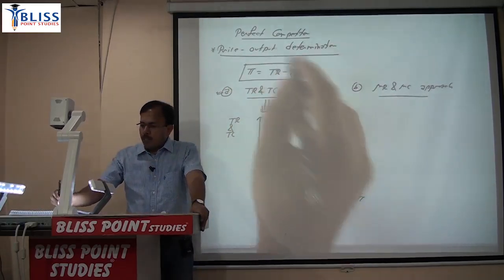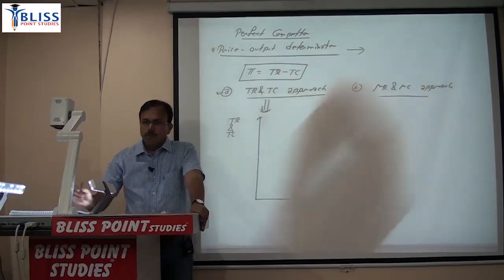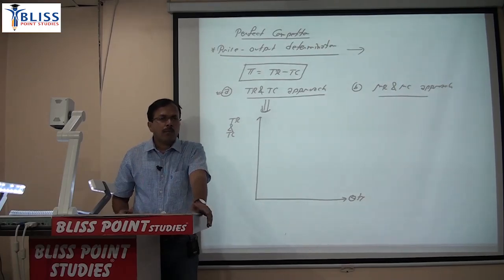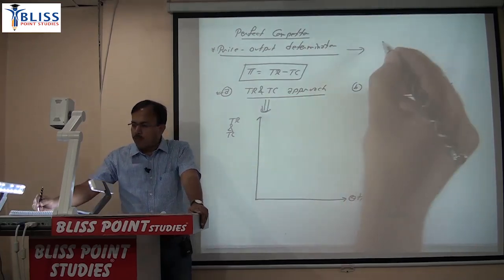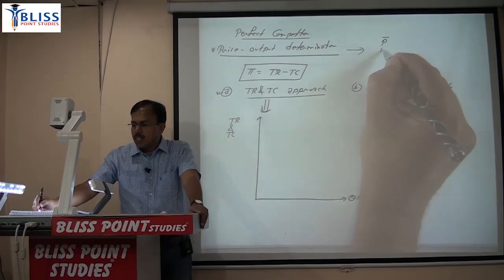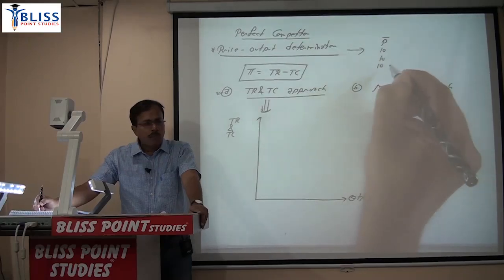Under perfect competition market, the price of the product will remain the same. Who determines price in the market? The market is competitive, so market forces, that is demand and supply, determine price. One firm can't affect the market price. So for a particular firm, the price of the product remains the same.